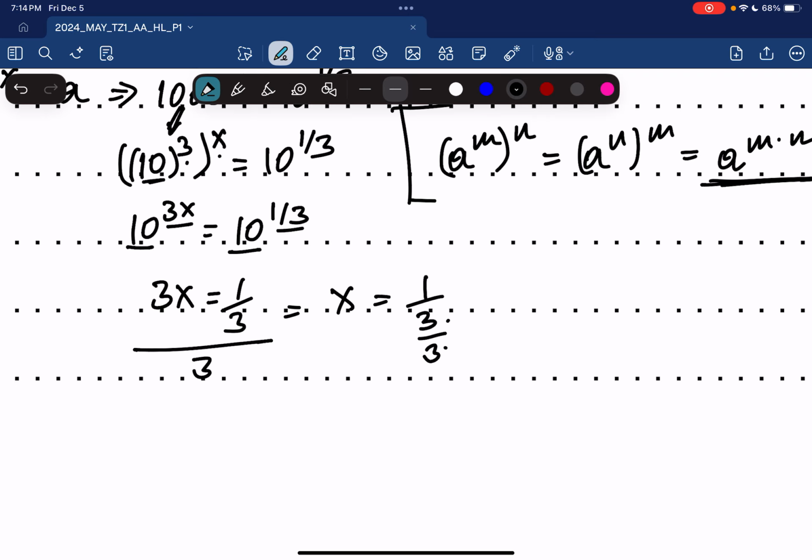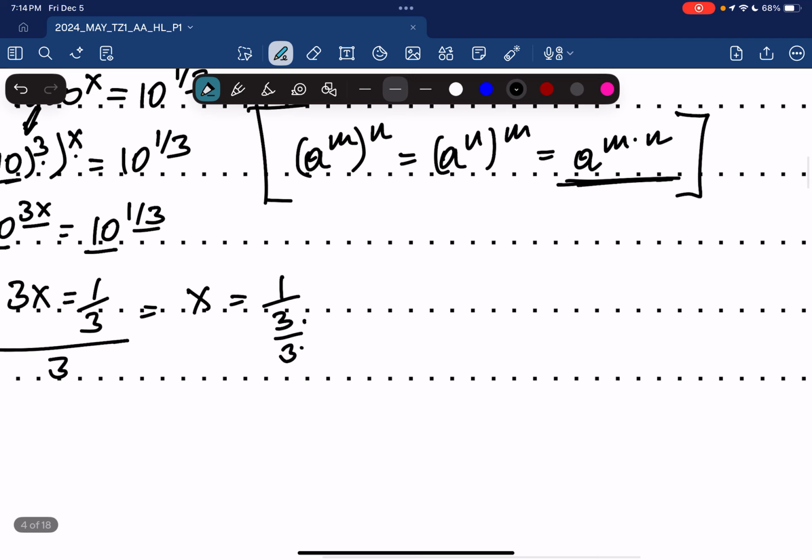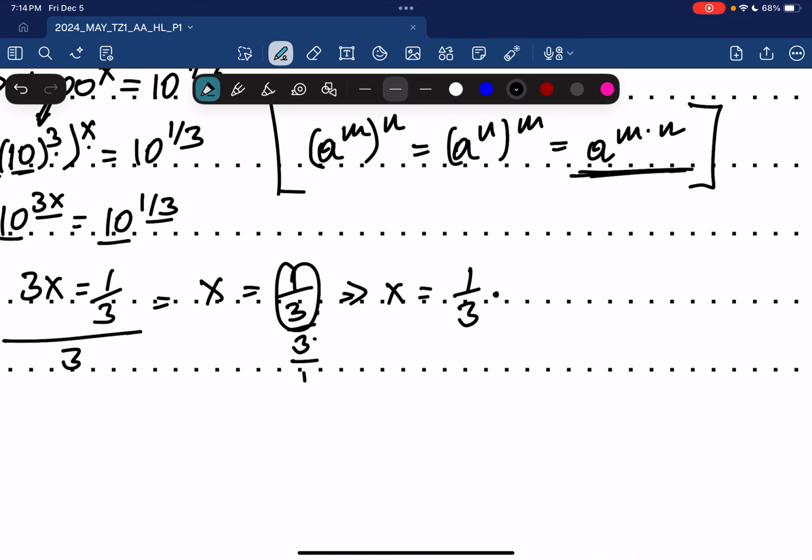This one, we multiply. Or for some of you, you want to use keep, change, flip, which is going to be essentially x is equal to 1/3 times 1/3. So I keep this one on top, I change the division to a multiplication, and then I flip the other side, so it's going to be 1/3. 1 times 1 gives me 1, and 3 times 3 gives me 9.